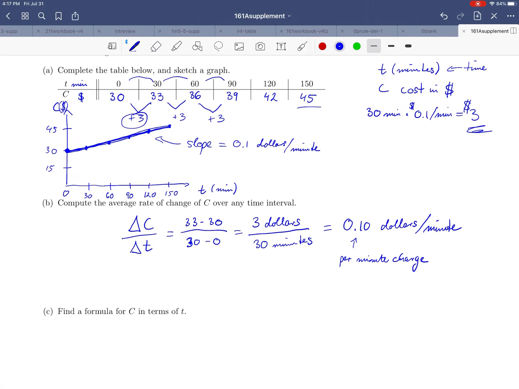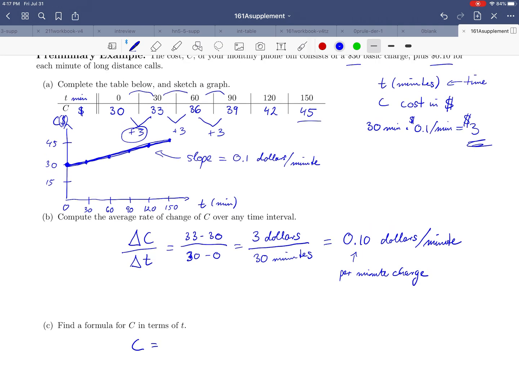We can find a formula for our cost function. If we go back to the table, we start when t is equal to 0, we owe $30 no matter what happens. No matter how much we talk, we owe $30. Then depending on how much I'm talking, my price goes up.